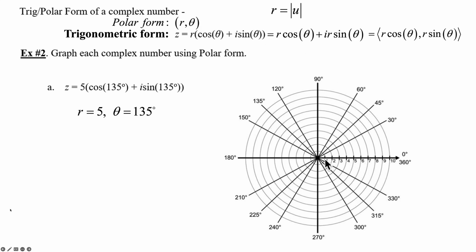So that's like saying, here's your polar graph, kind of like a bunch of unit circles. There's the unit circle with radius 1, but then there's radius 2, 3, 4, 5. Oh, that's where I want 5. And then you rotate 135 degrees, and when you get to that ring and that 135 degree line, that's where I'm going to plot my point.